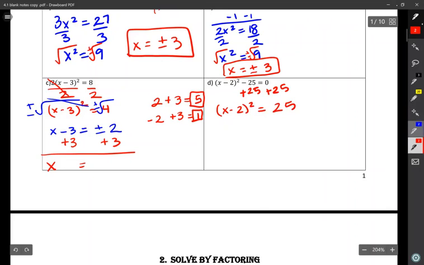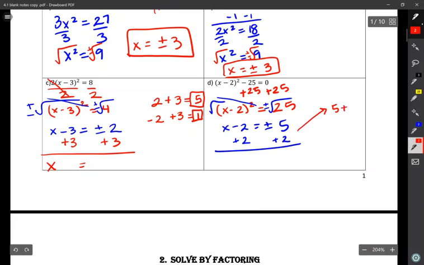Square root it. Take the plus minus of that. When you add 2 to both sides, again, you have positive 5 plus 2, and then you also have negative 5 plus 2.